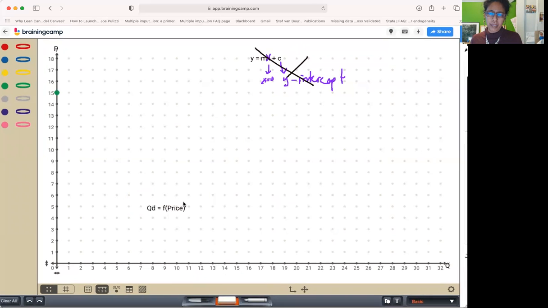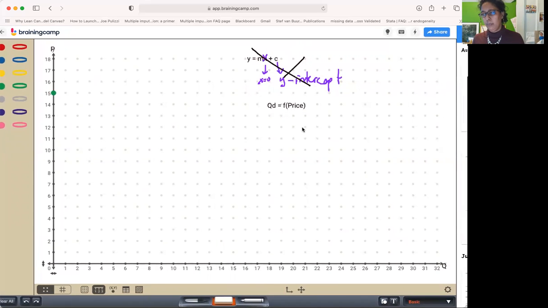So quantity demanded is the amount that people are willing and able to buy at each and every price. And so I am going to create a linear demand function, and then I'm going to say what the constant is. Okay. So linear demand function.